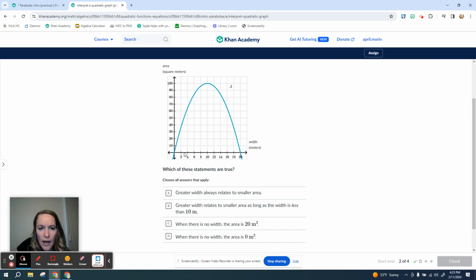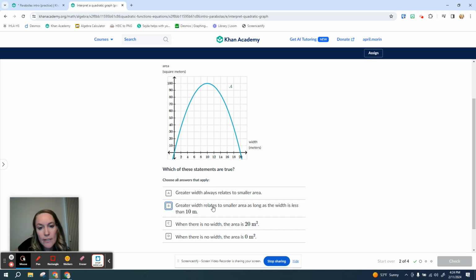So I could have a width of 8, width of 10 would give me an area of 100, while a width of 4 gives me 70. So that's greater width, but a bigger area. So that would not be correct.